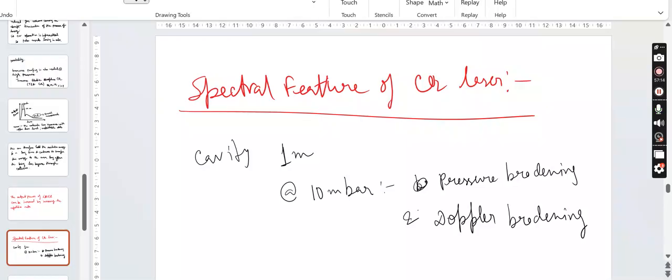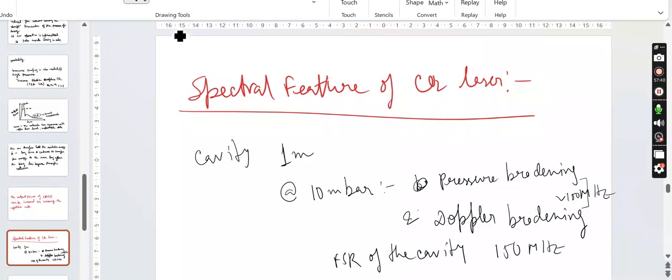So net broadening is a combination of two, and that is equal to 100 megahertz. And the FSR of the cavity is 150 megahertz.